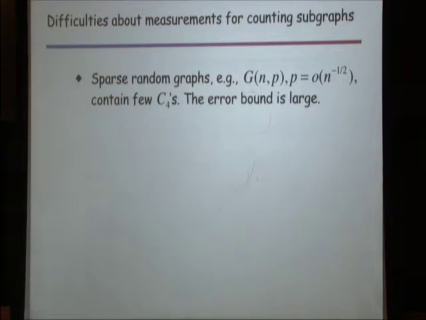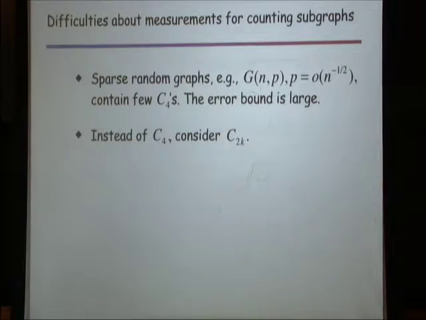See, if your graph is very sparse, for example, the edge density is in this range, so you have about n to the 3 halves edges instead of n squared, in that case you probably will get very few C4s. In fact, in this range you hardly get any C4s, very low order of C4, and the error bound is huge.